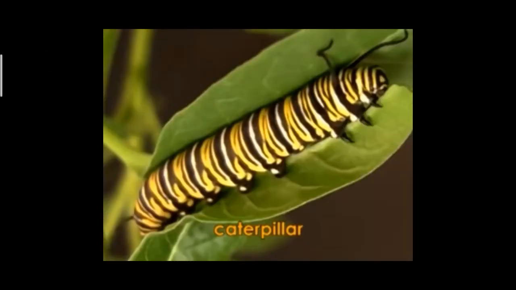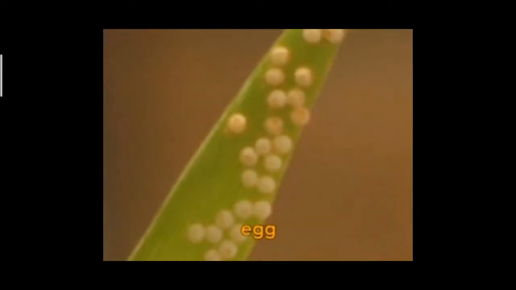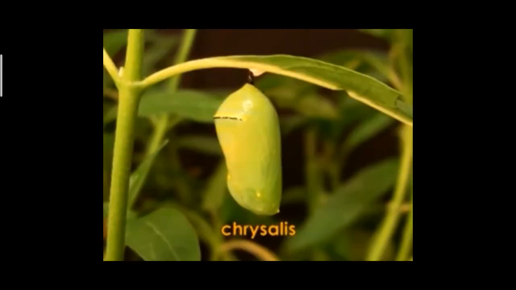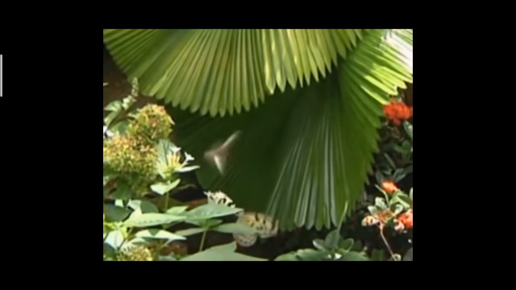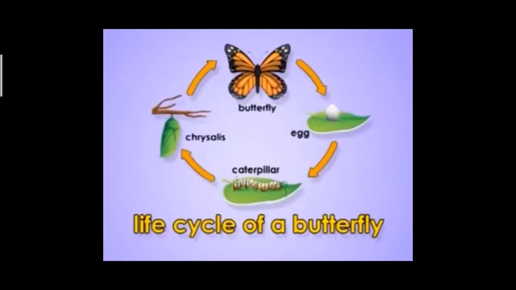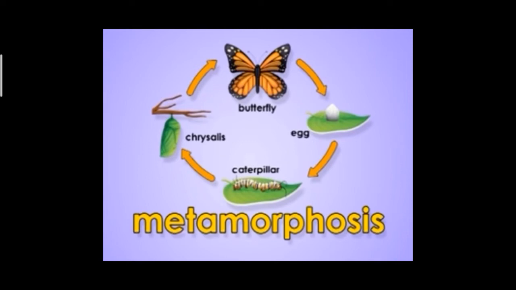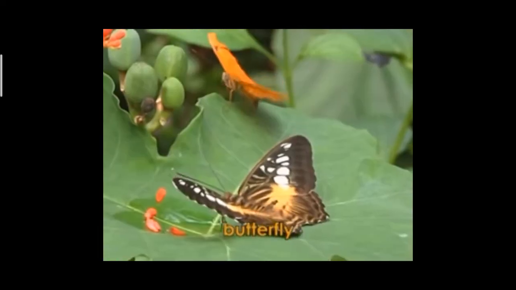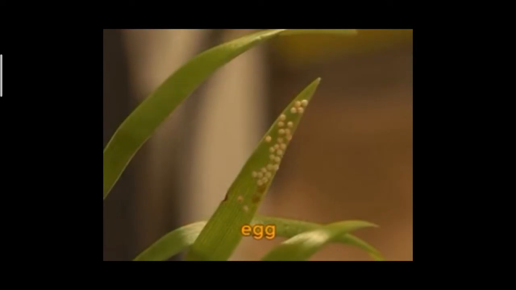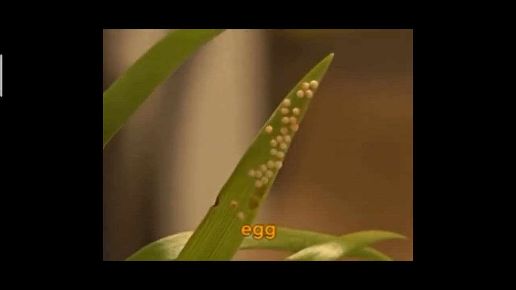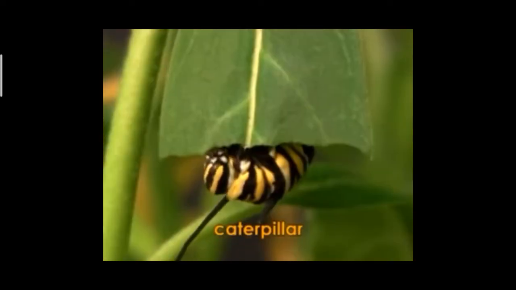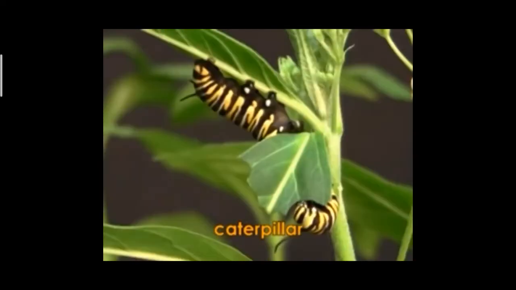Can we discuss the life cycle of a butterfly? Life cycle of a butterfly, or metamorphosis. There are 4 stages in a butterfly. A butterfly lays tiny eggs on the leaves. These eggs hatch into a small caterpillar or larva.